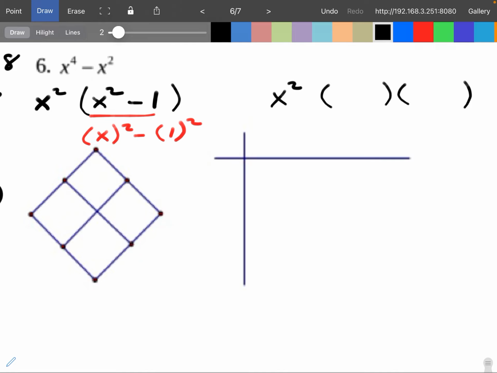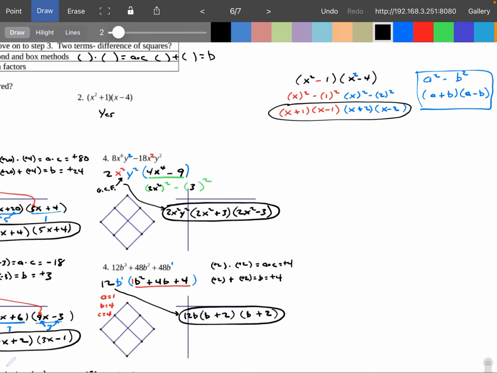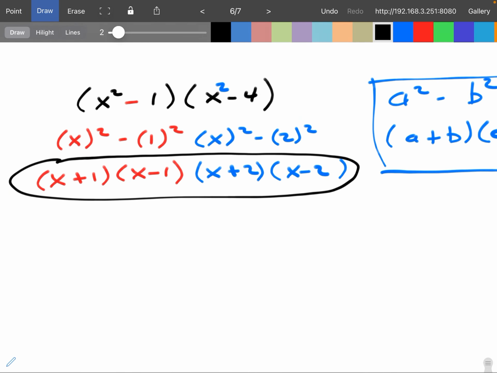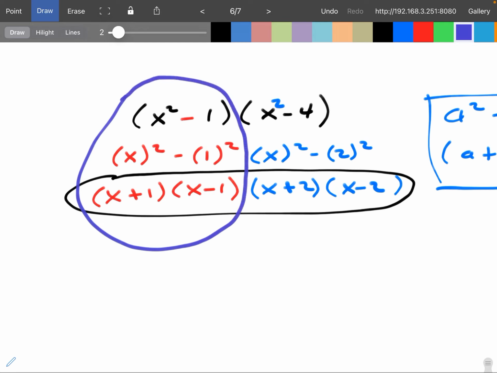Okay, so let's write the final answer for this one. So we got an x squared in front. In fact, that one right there that I just wrote down, the x squared minus 1, we did that way back in the beginning of the notes over on the side, didn't we? That is the same as this thing right here.